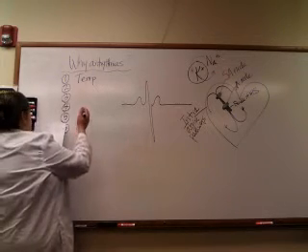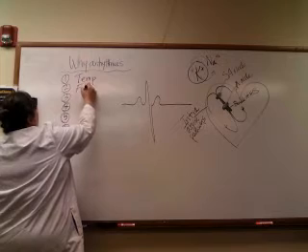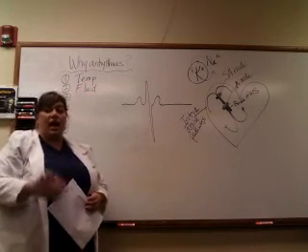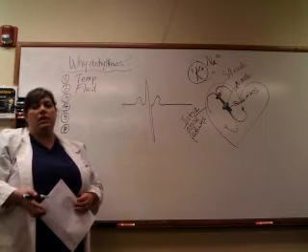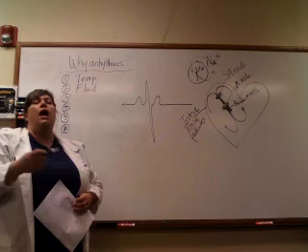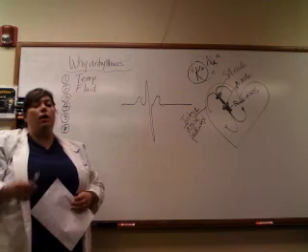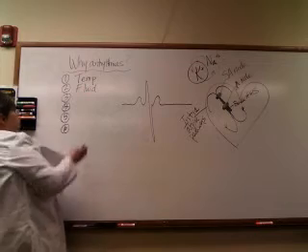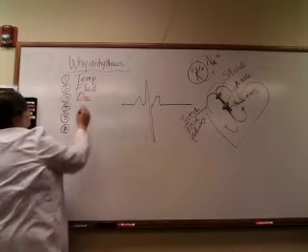Number 2, you can have trouble with fluid status. So fluid status meaning if I'm dehydrated, I can have trouble with arrhythmias. If I'm overloaded and I'm in CHF, I can have trouble with arrhythmias, okay? So fluid status can be the problem. O2 status.